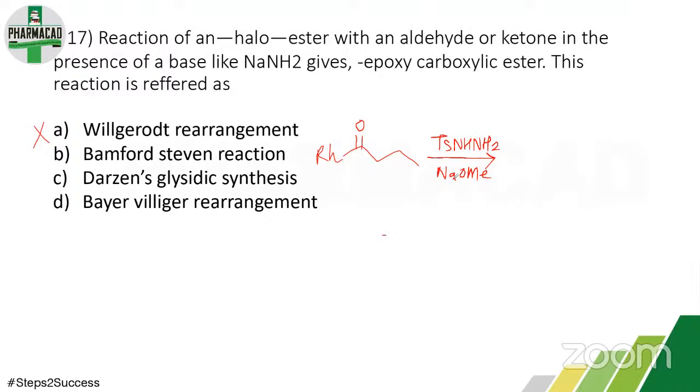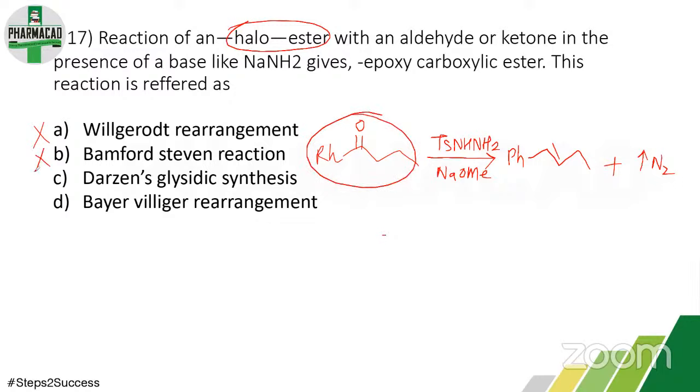In the first step we will get a diazo compound, and at the end we will get this alkene with nitrogen gas evolved. They are saying halo-ester. We are having ketone. So this option also gets cancelled.